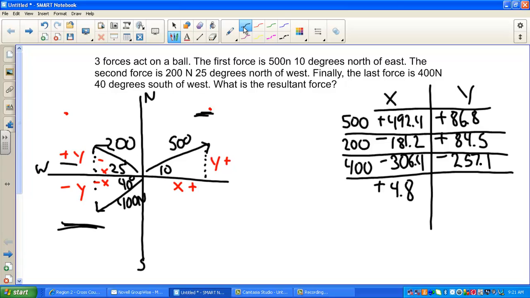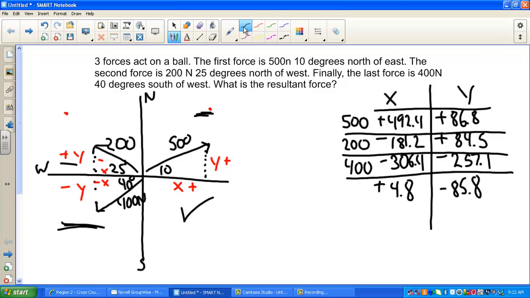Now I'll do the y column. 86.8 plus 84.5, enter, minus 257.1 equals negative 85.8. You just have a plus x and a minus y, which means I have to be in this quadrant right here where I'm putting the check mark. So plus x and minus y is in this quadrant.